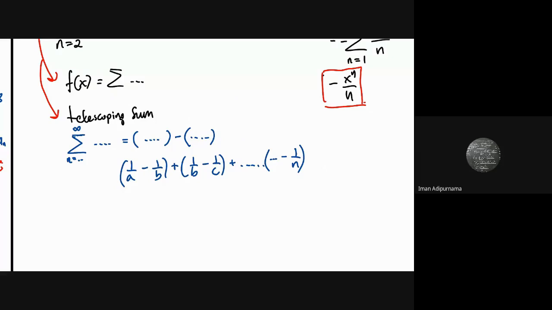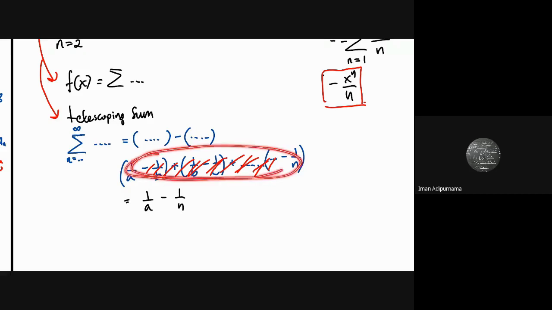So you can simplify this, become this, and this becomes canceling. And this canceling means this is the telescoping sum. So like you have a whole expansion, and you kind of zoom in using a telescope and it becomes just 1 over a minus 1 over n.